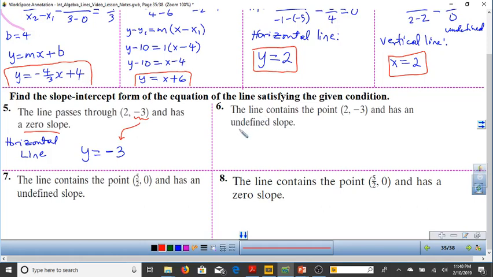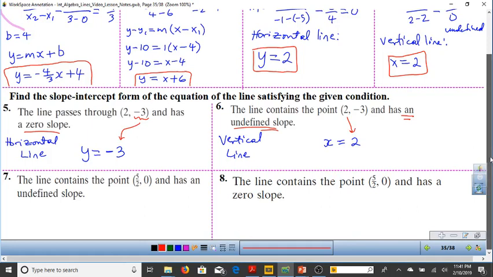If the slope is undefined, like in this example, then we're talking about a vertical line. And that means we're talking about x equals the x coordinate of the line, which would be, in this case, x equals 2.